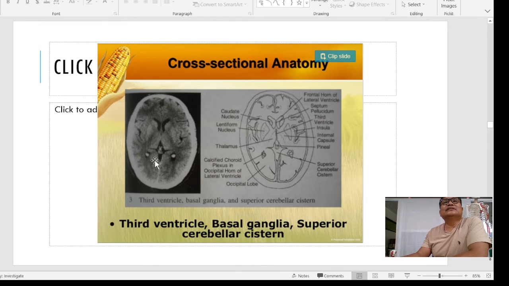This area is near the brainstem. First the lateral ventricles, then it is close to your brainstem. Actually, diencephalon, no. Diencephalon, which serves as your choroid plexuses.